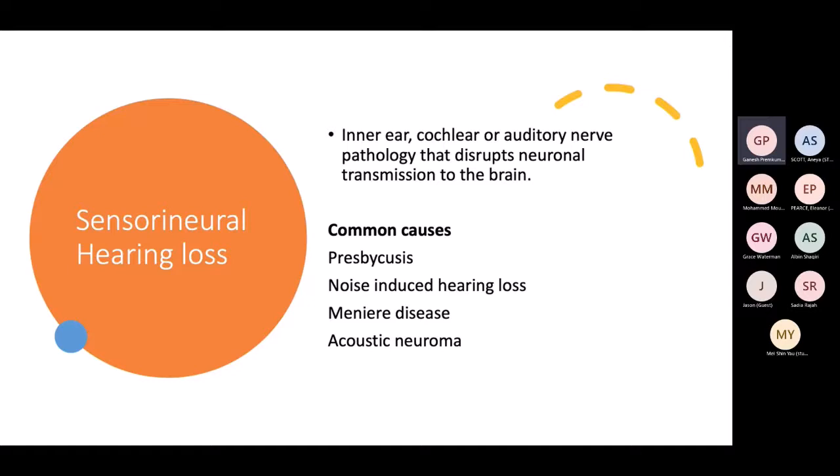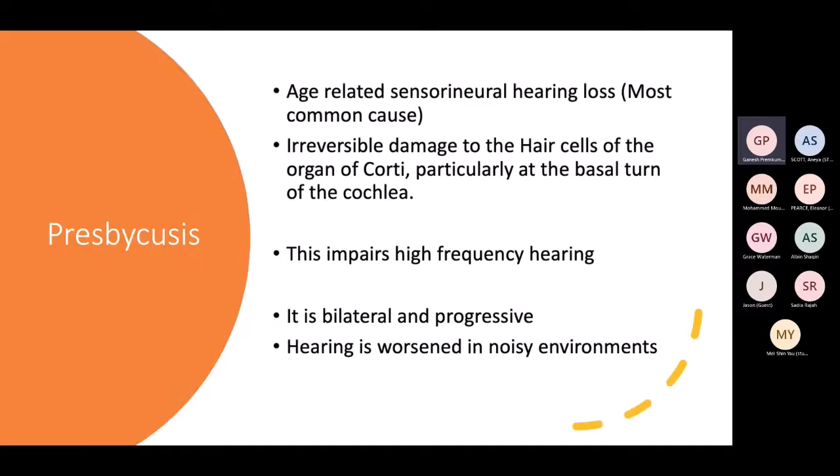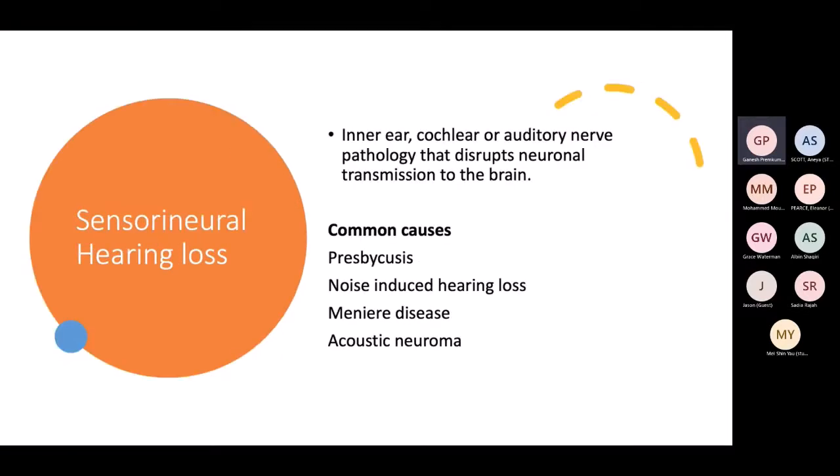An acoustic neuroma is essentially a benign growing mass. I think I may have a picture. Essentially, that benign growing mass presses upon the auditory nerve. It often affects the facial nerve and the auditory nerve.